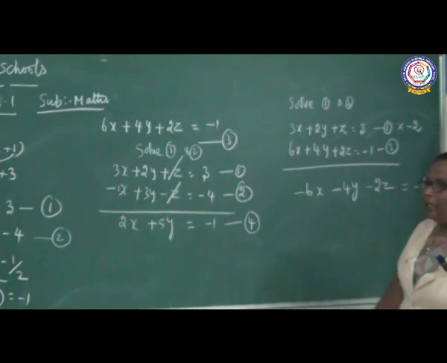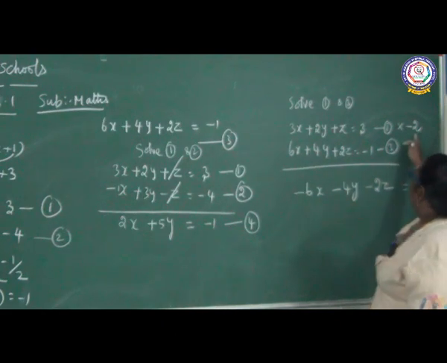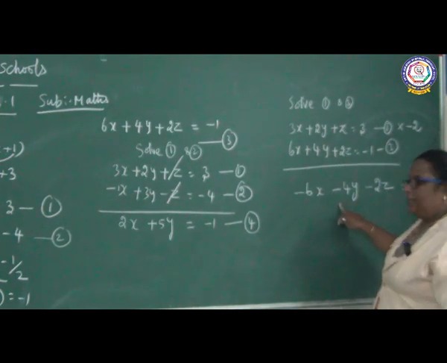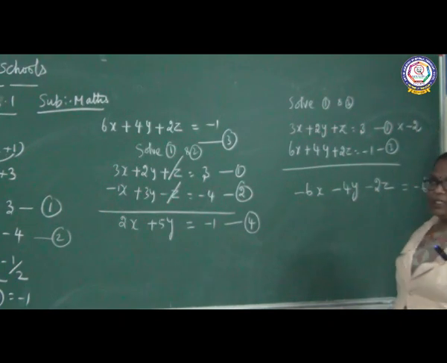Once again I repeat: minus 2 into 3 is minus 6x, minus 2 into 2 is minus 4y, minus 2 into z is minus 2z, equal to minus 6.